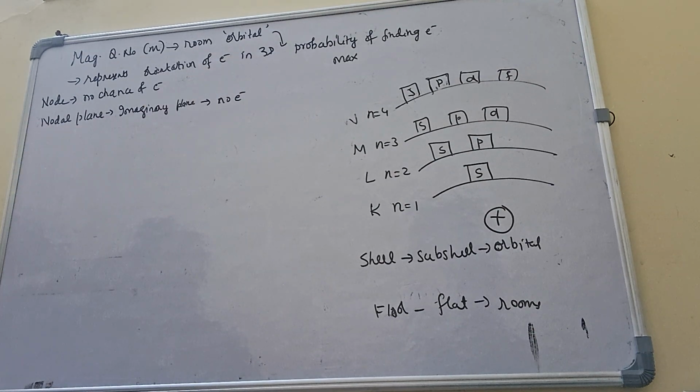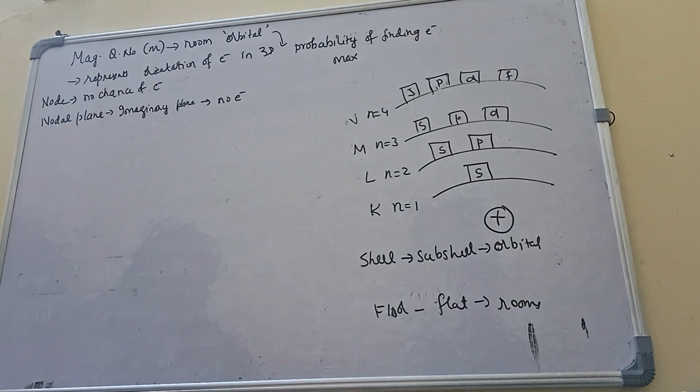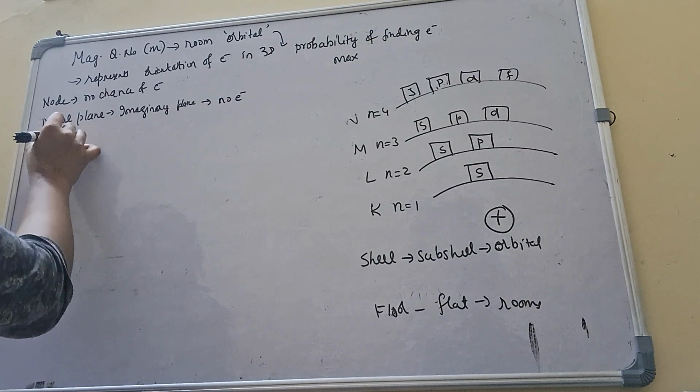So if you are talking about a region, it's a node. If you are talking about a plane and you're sure that I can vouch that there are no electrons there, I can never find electrons in this region, then we call it a nodal plane. I will explain it after we are done with this part. That time it will be easier for you. Alright, now what will be the value of m?